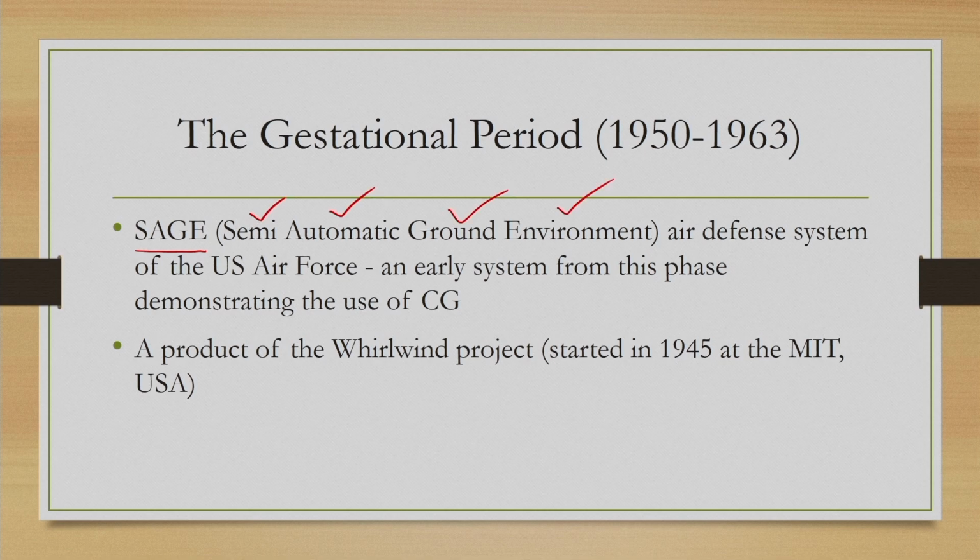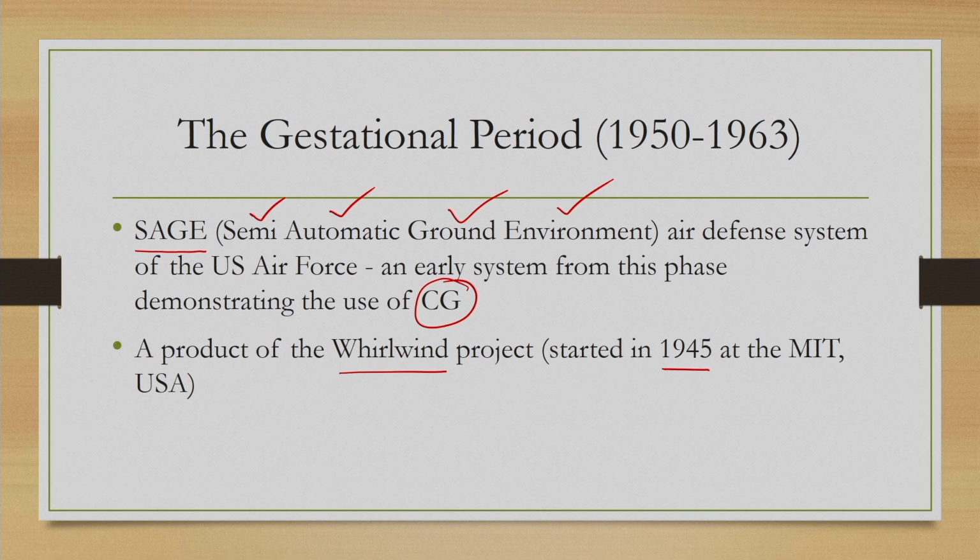It was developed by or for the benefit of the US Air Force, and is part of a bigger project called the Whirlwind project, which was started in 1945. Now, the SAGE system is an early example from this gestational period demonstrating the use of computer graphics.